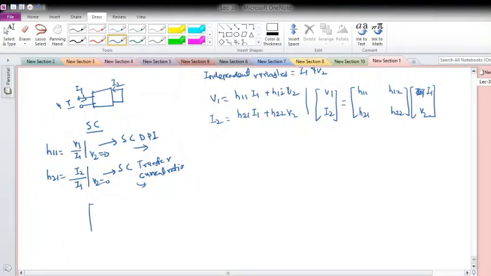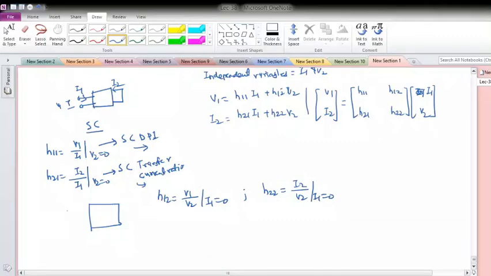Now I would like to obtain H12. H12 can be obtained as V1 over V2 when I1 is 0, and similarly H22 will be obtained as I2 upon V2 when I1 is 0.